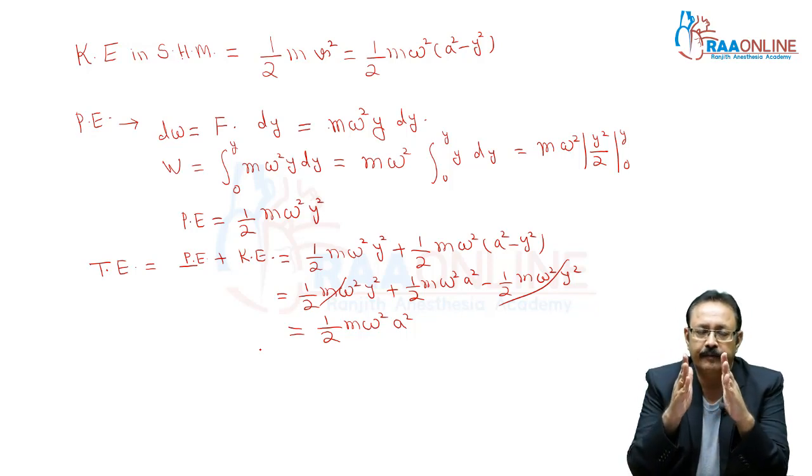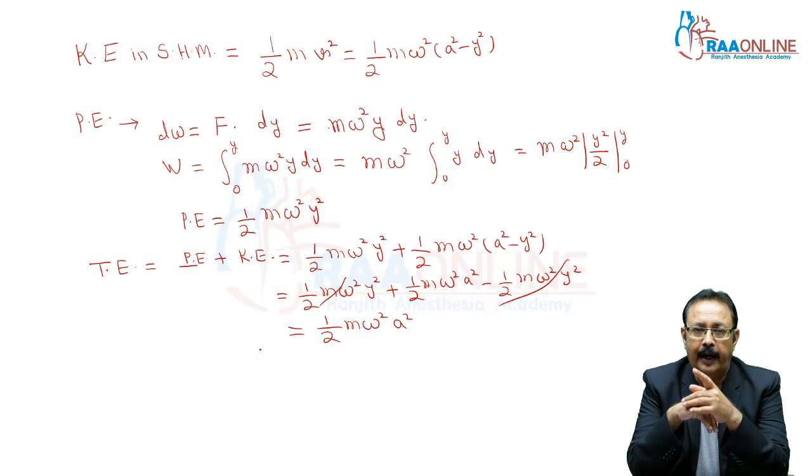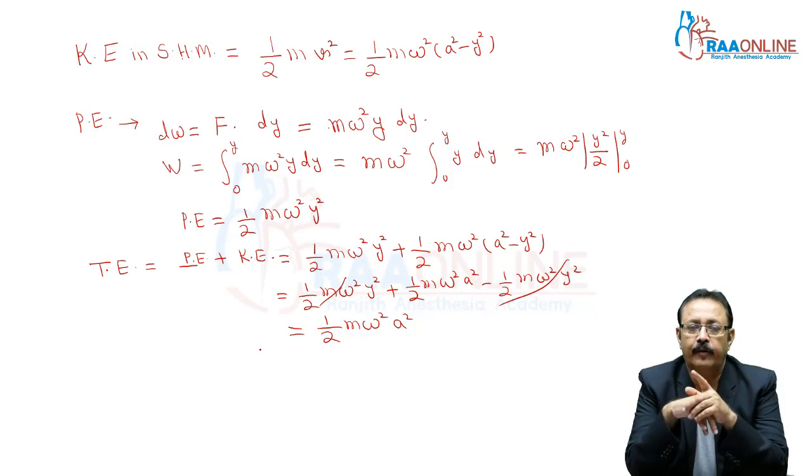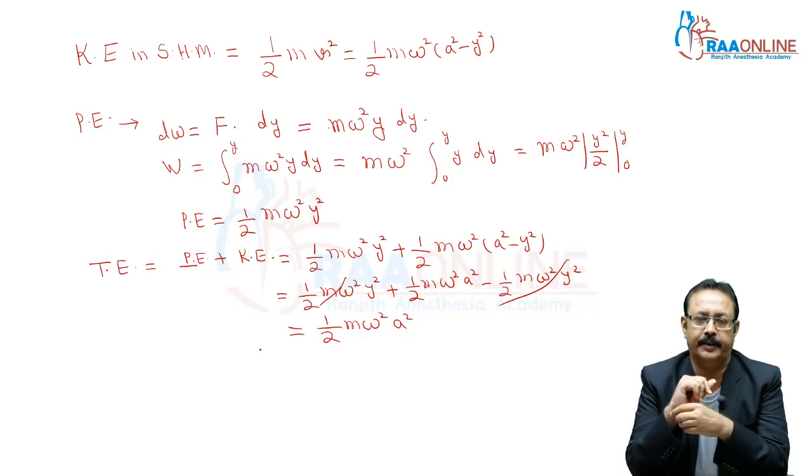So, when we were at mean position, y was 0, potential energy was 0, whole energy was in the form of kinetic energy. And at extreme position, when y was a, kinetic energy was 0, whole energy was in terms of potential energy.